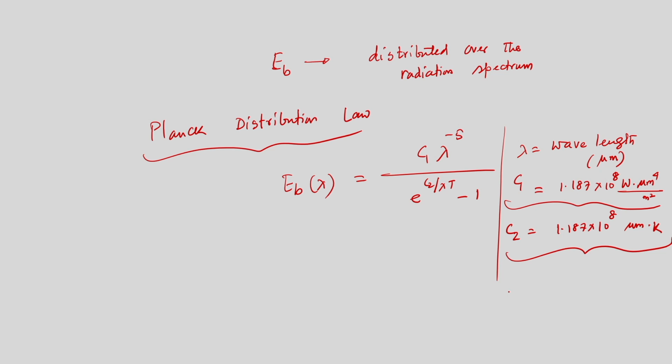So, these are the two constants, and lambda is the wavelength. Now, the question is, if we plot this distribution, that is the thermal radiation energy coming from a black body distributed over the radiation spectrum, whose wavelength is governed by Planck's distribution law, for two different temperatures, we will see insights, and from that we will see how we can use this expression to measure the temperature.